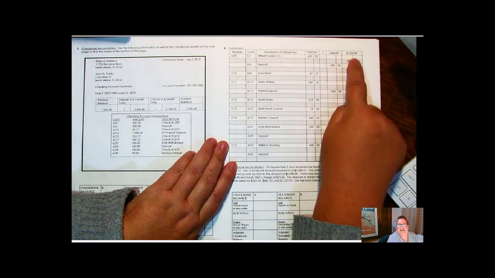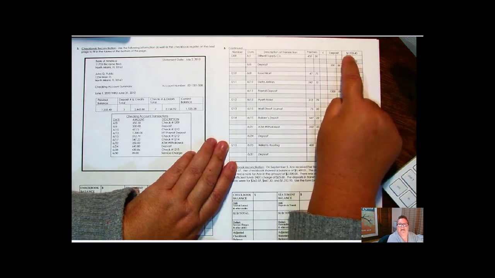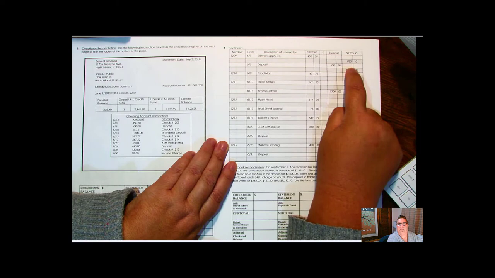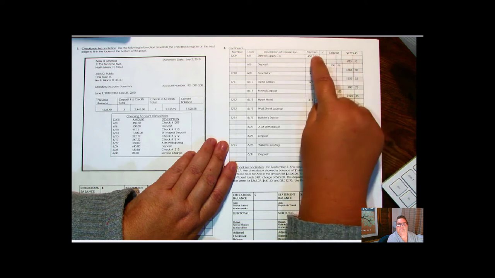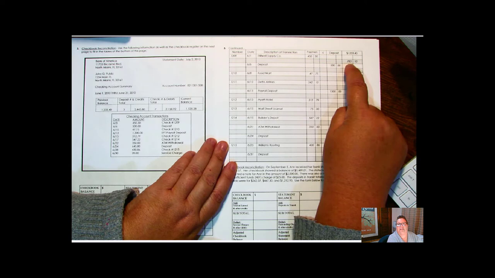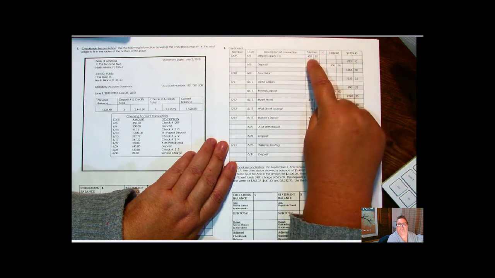And then the last column starts with the balance forward. So this was the last balance on the last page. And then this is where we work all of the resulting. So this 783 was 1233.40 minus 450.30 to give us 783.10. So this is a result of that transaction.